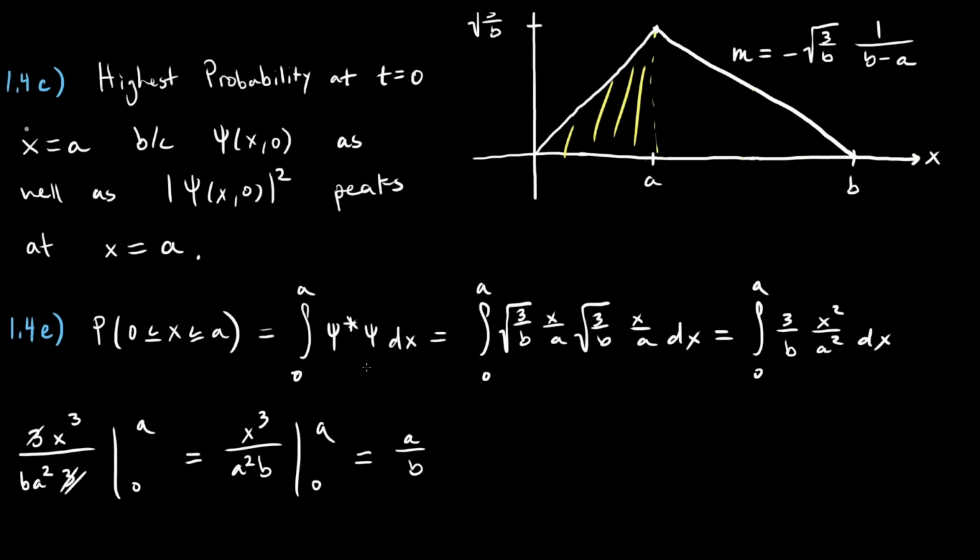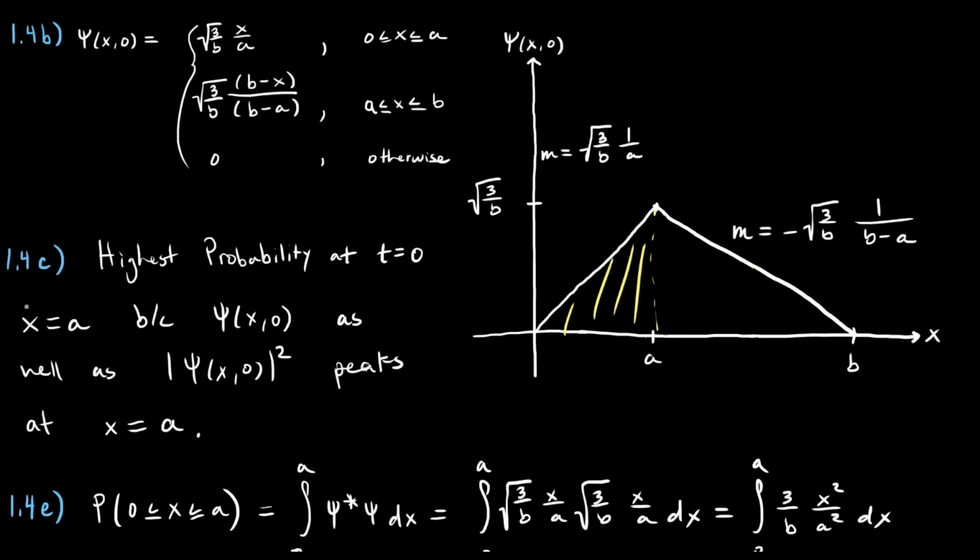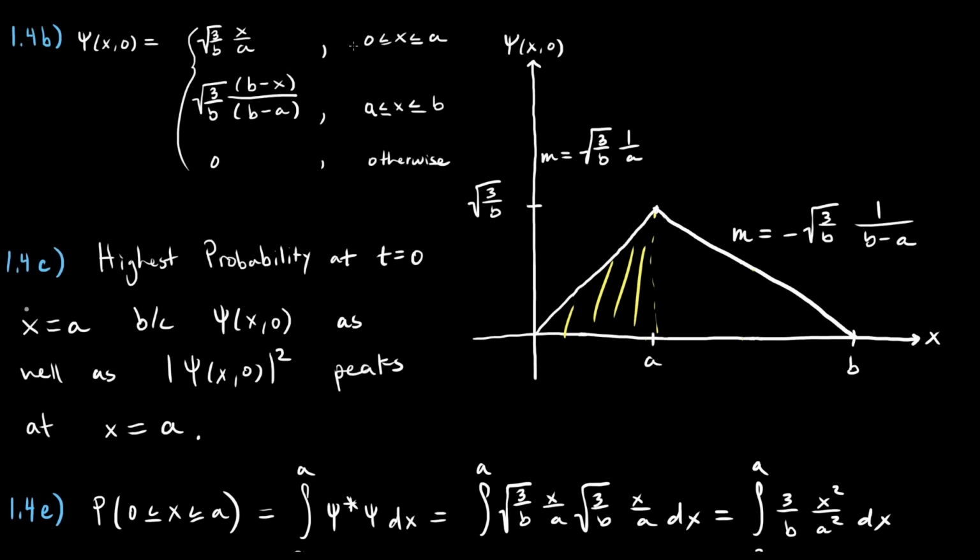And if we go back up and see if this makes sense, imagine if this b was instead a. That means that this function would only be defined from x is equal to a, so it is pretty much defined at no point.